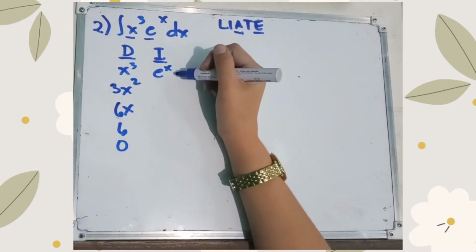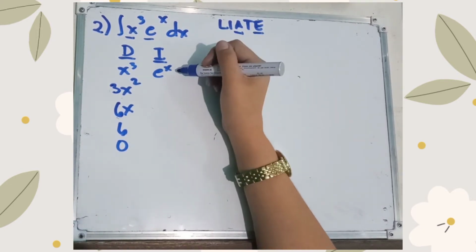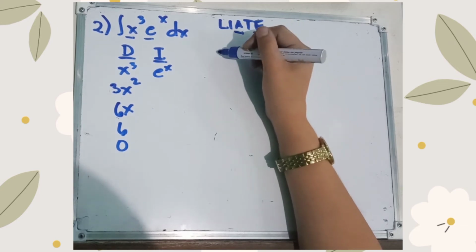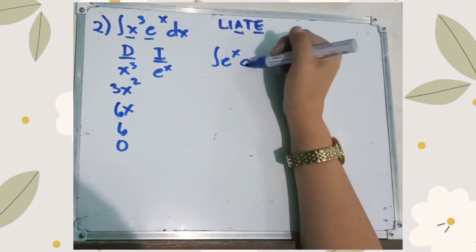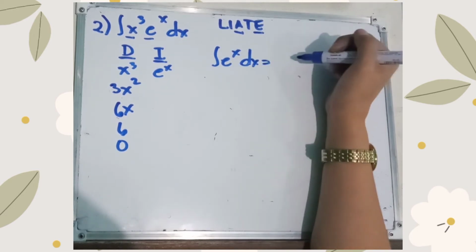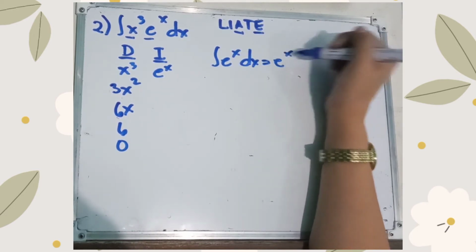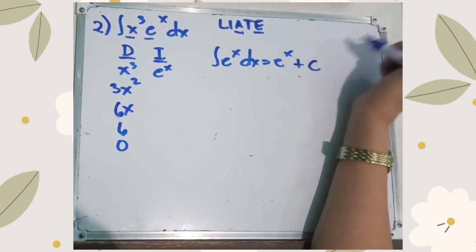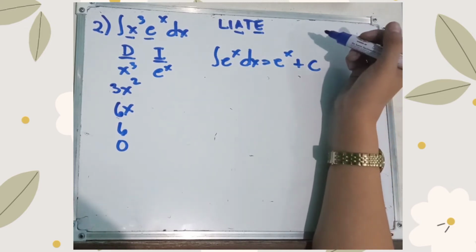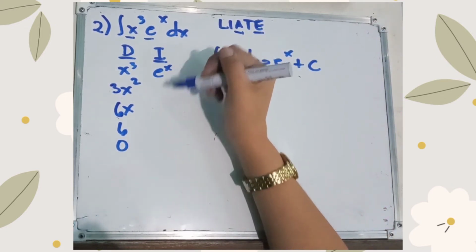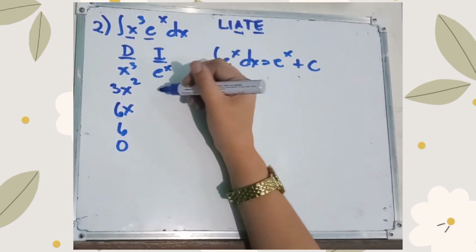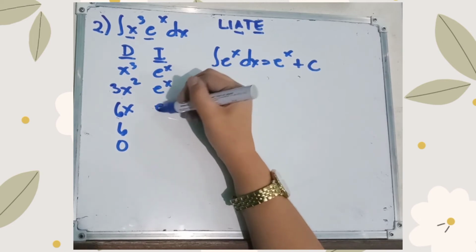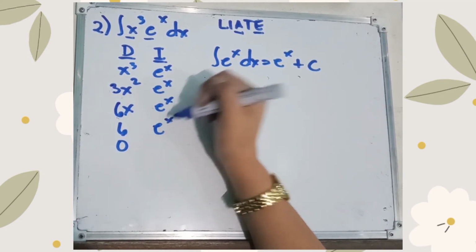Now for e raised to x, since this is an exponential function, if you can still recall, the integral of e raised to x dx is simply e raised to x plus c. So even if we integrate this for n number of times, it will still be e raised to x.